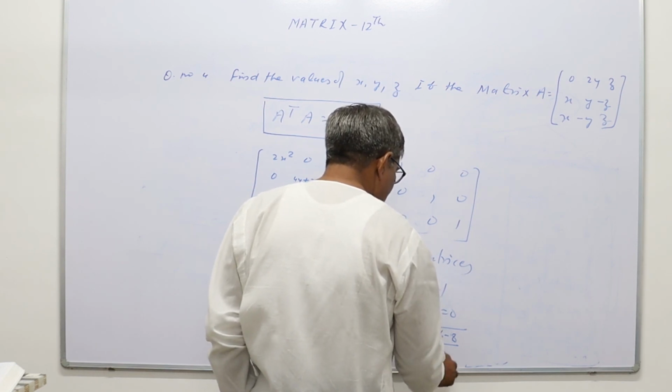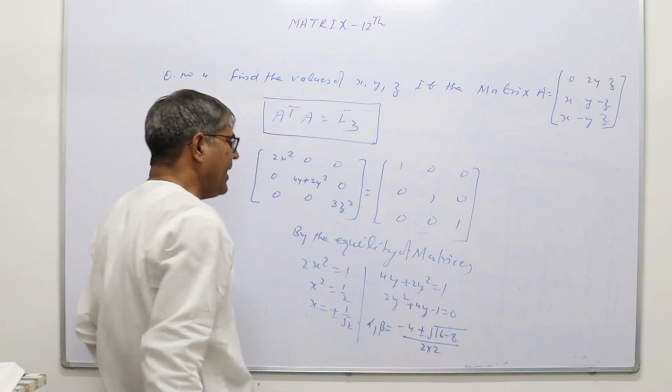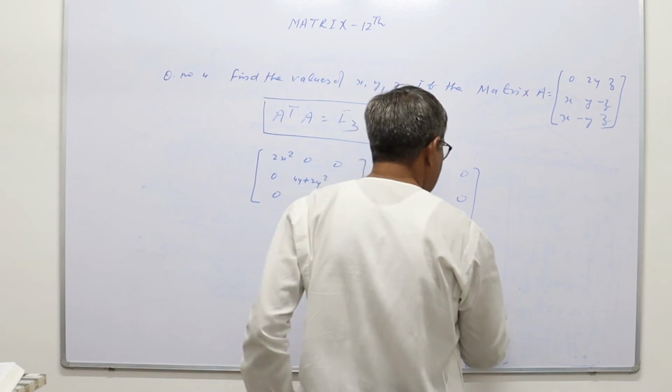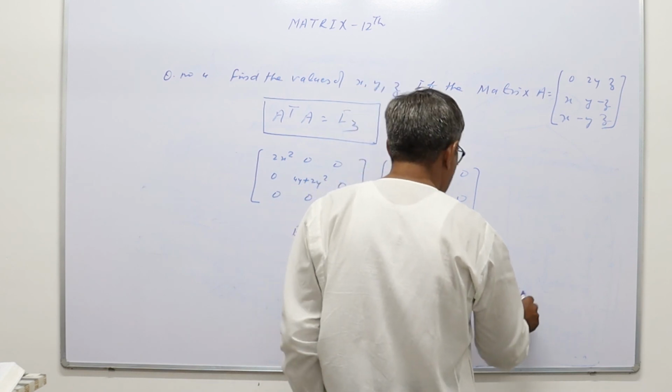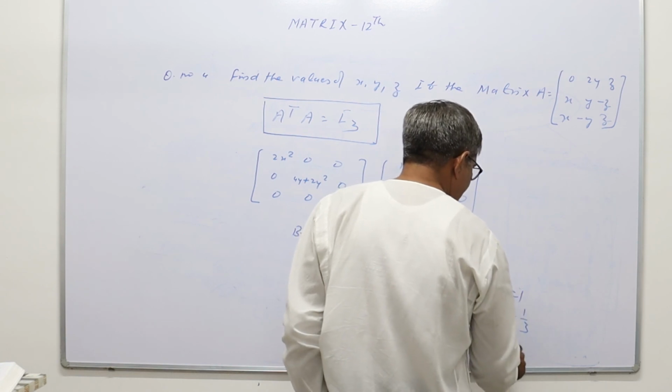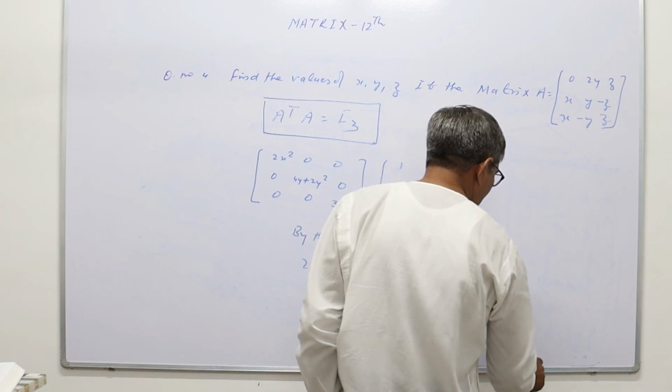In this way we can find the two values of y, and then 3z square is equal to 1, so z square is equal to 1 by 3, so z will be plus minus 1 upon root 3.